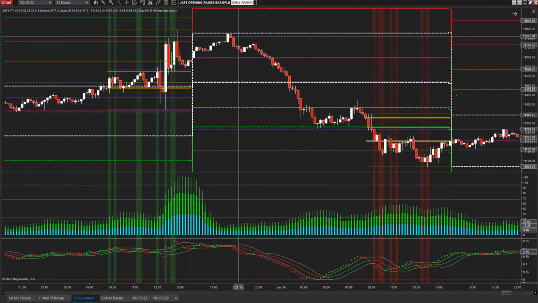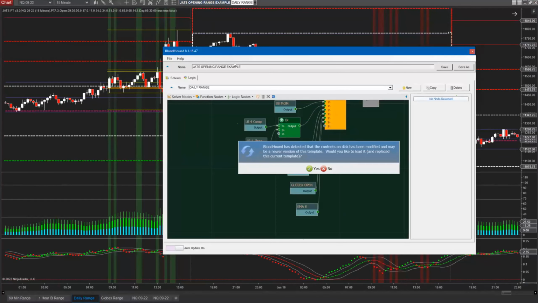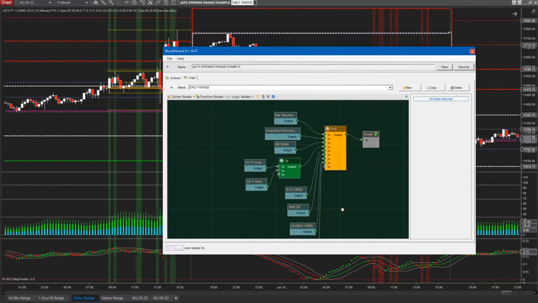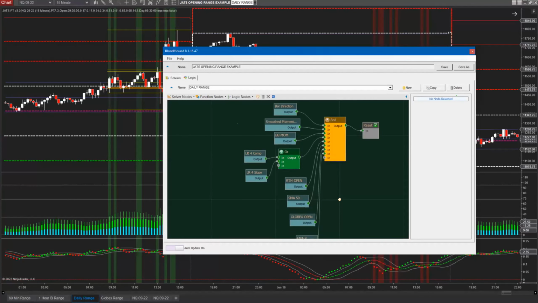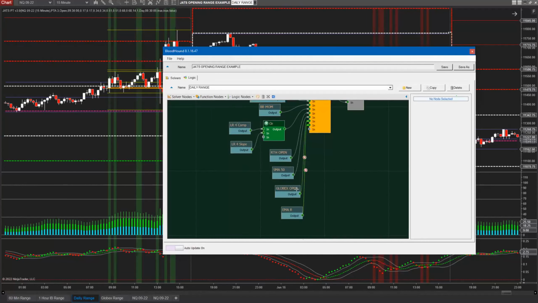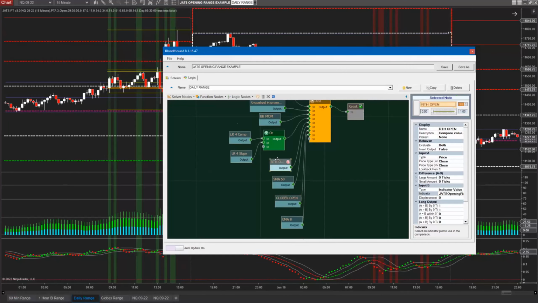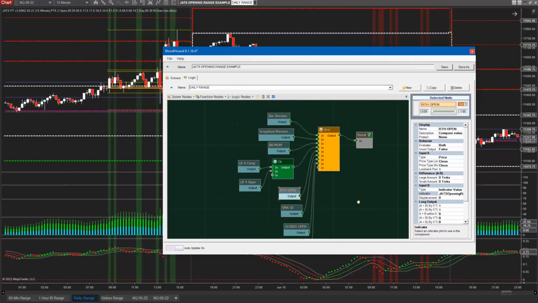I'll give you a Bloodhound template with some examples of how to use the comparison solver.